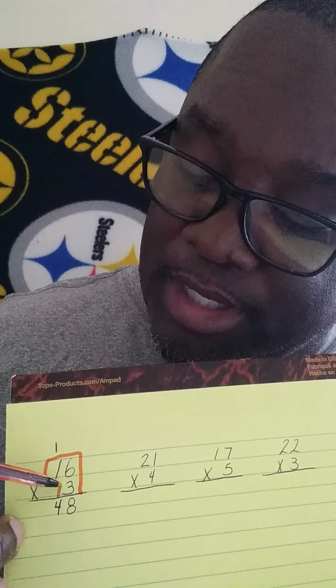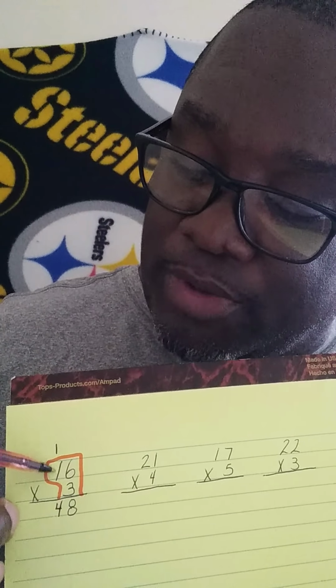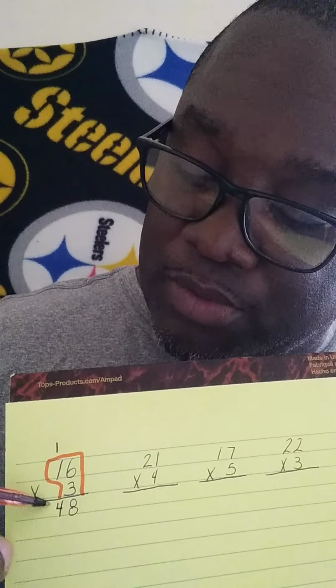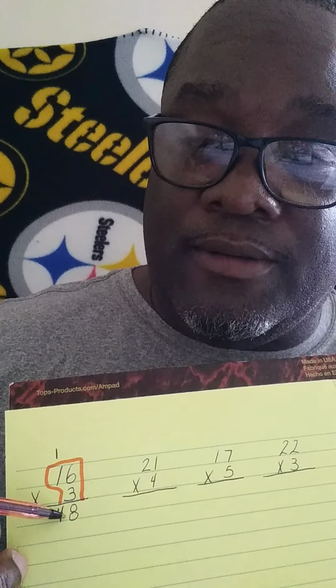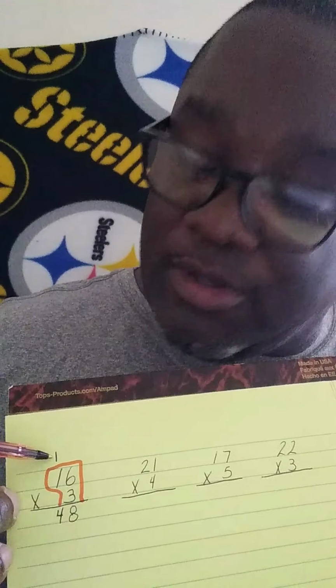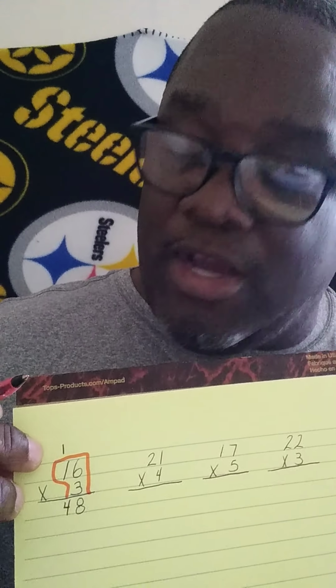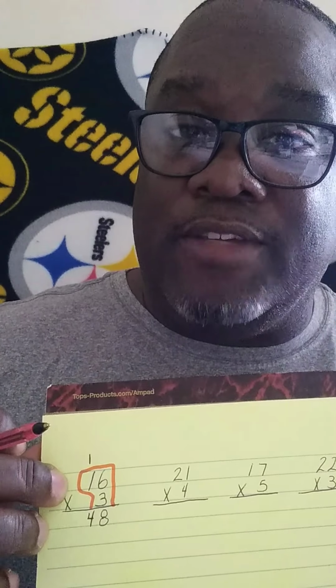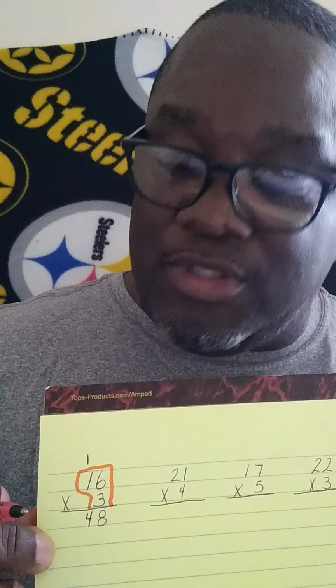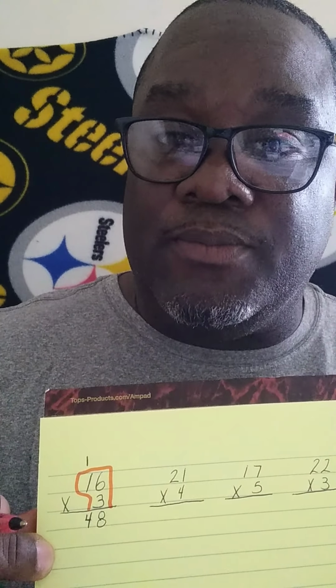So 3 times 1 equals 3 plus 1 equals 4, which gives us an answer of 48. Hopefully everybody's understanding how we did that in the first one. If you're not, like I said, leave your questions in the comment section on this video or in the Google Classroom, and I'll answer your questions.